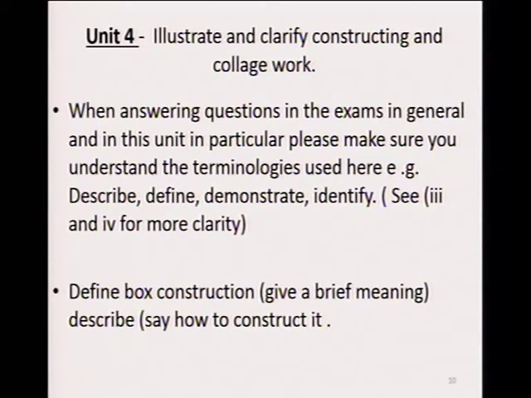It's very important for you to see figures 3 and 4 for more clarity. You should also be able to define, like we talk about different terminologies. Remember what I've said? Define box construction. If they put a statement like that, you should be able to give a brief meaning.